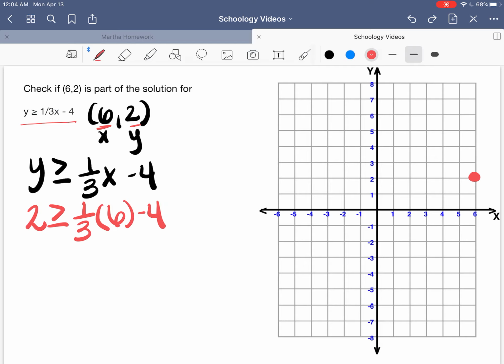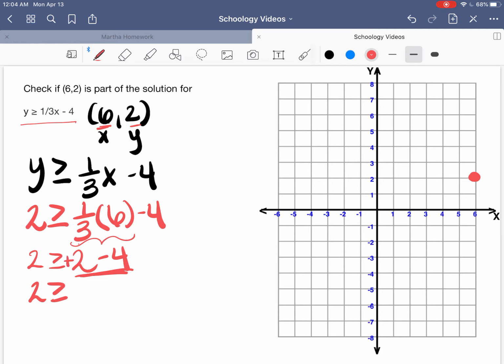All right. So let's take it one step at a time. What is 1/3 of 6? Or what is 6 divided by 3? It would be 2. 1/3 of 6 would be 2. And for that 2, we're going to take away 4. So what is going to happen between the 2 and the negative 4?